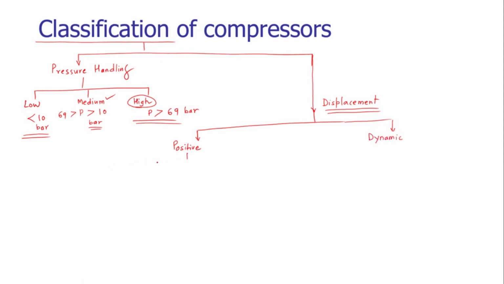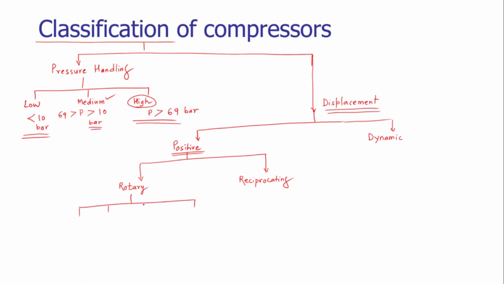In positive displacement, again we can have two categories, that is a rotary type of mechanism used to generate the positive displacement, or a reciprocating type of mechanism used to generate the positive displacement.